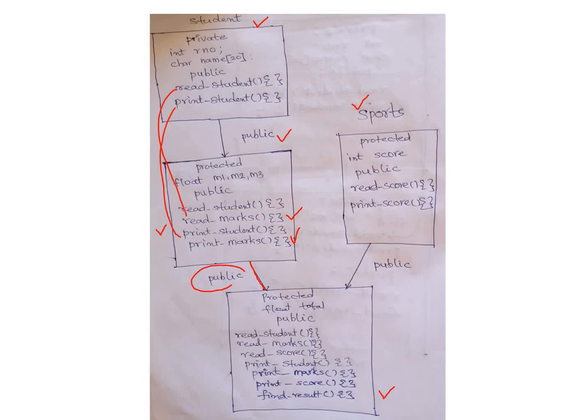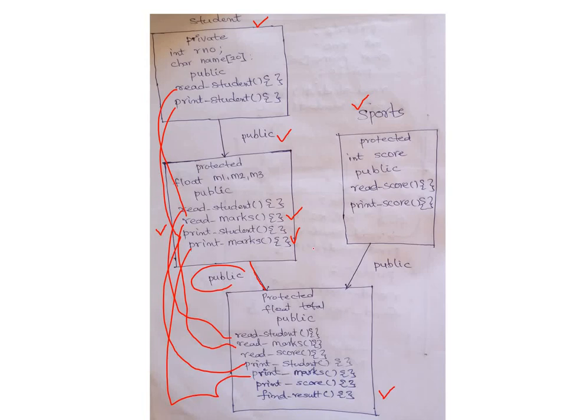So here the read student becomes public member in the result class, and read marks becomes public member in the result class, and print student becomes public member, and print marks also becomes public member.